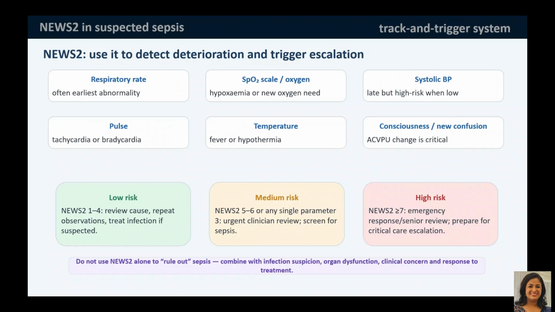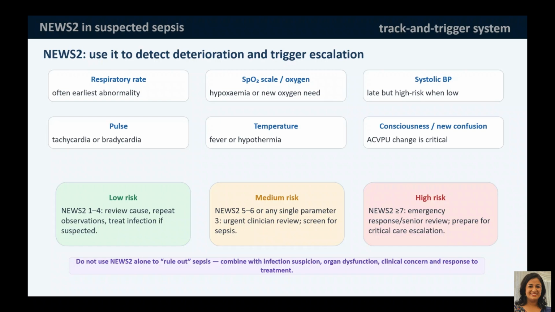Other than that, the other thing we can do to recognize the deteriorating patient is tracking the patient. To do that, we have early warning scores. We have the NEWS score, and then we have the modified early warning score. NEWS is the National Early Warning Score 2.